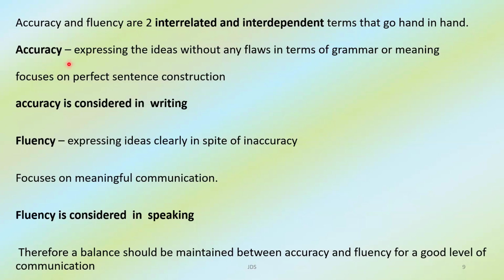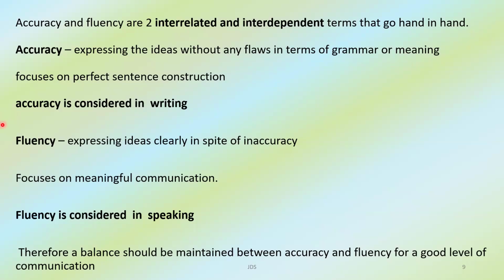What is accuracy all about? Expressing ideas without any flaws in terms of grammar or meaning, without any grammatical errors, without any semantical errors, meaning, synonyms, antonyms, right? So all those are checked for. So using perfect grammar and meaning in writing, mostly accuracy gets related to the writing skill.